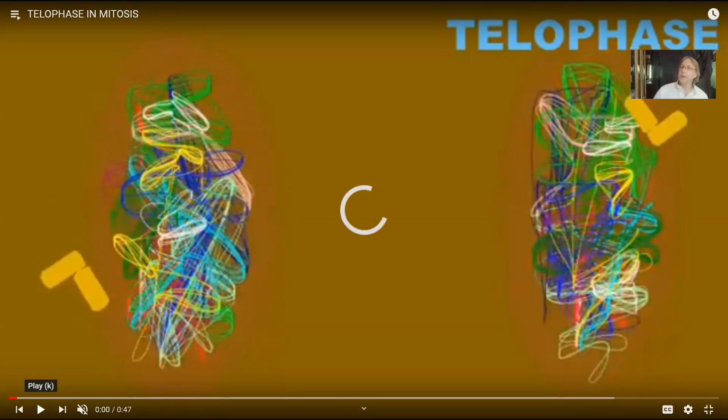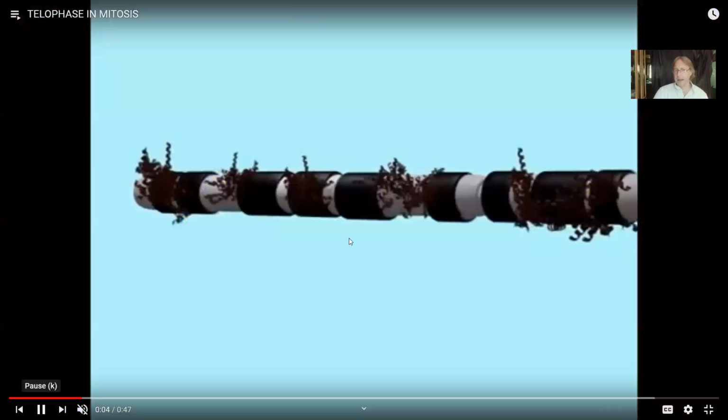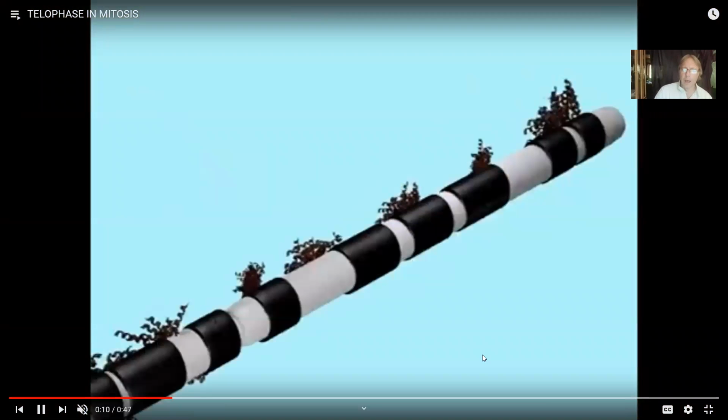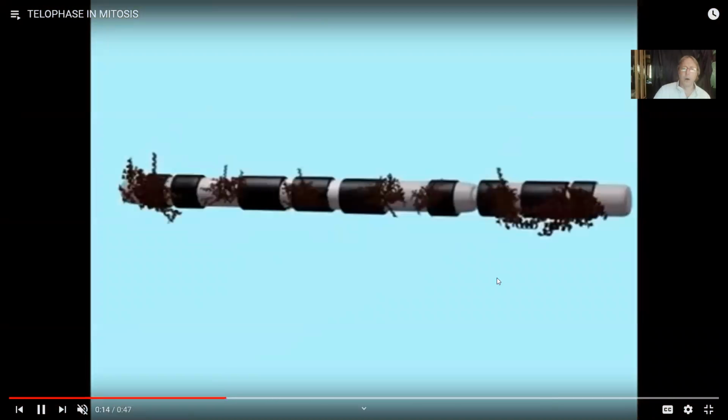Whereas now we want to have a nuclear membrane surrounding this, so now it reforms. And so here you see the highly condensed heterochromatin, which was forming chromosomes, now unwinding to form the euchromatin once again.